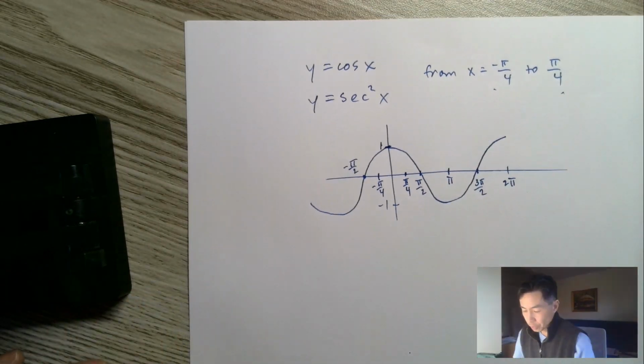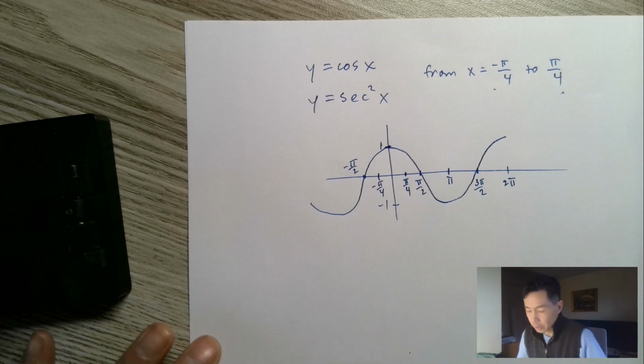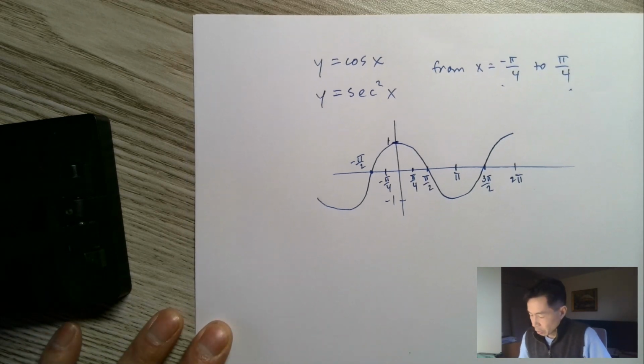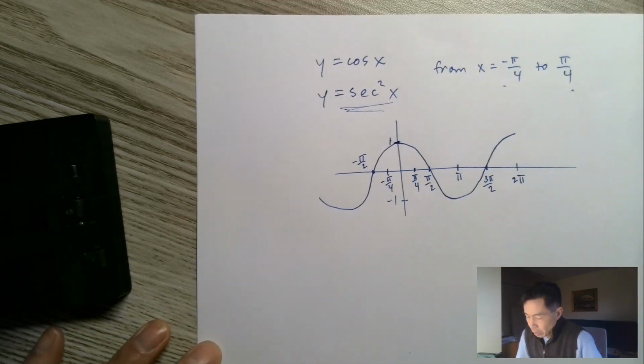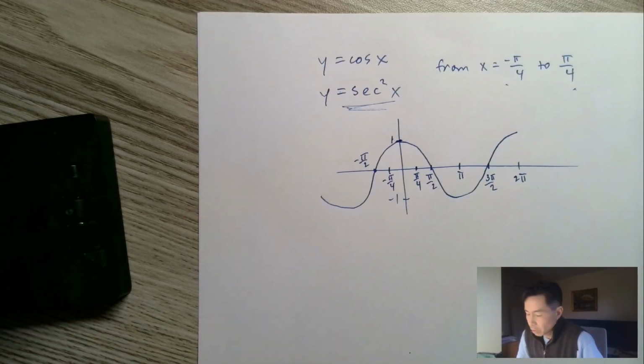I don't know yet which graph is the upper one and which one's the lower one, until I figure out what this looks like. If you remember from your trig, the secant curve has asymptotes. And remember, the secant is the reciprocal of cosine.